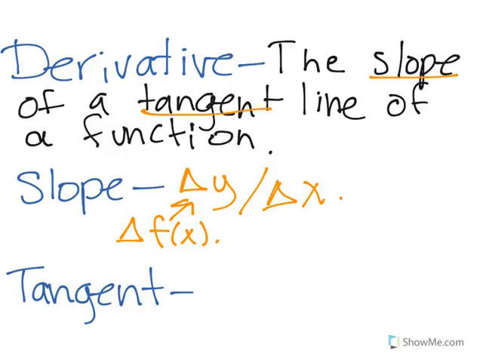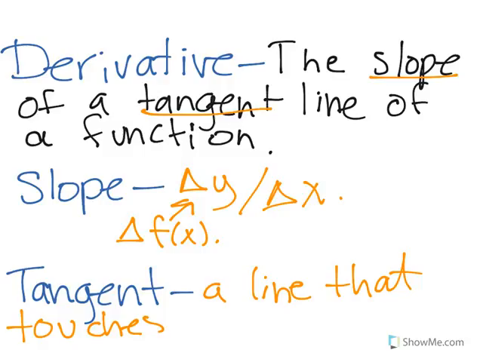And then also the tangent. A tangent line is a line that touches a function, the graph of a function, in only one point.